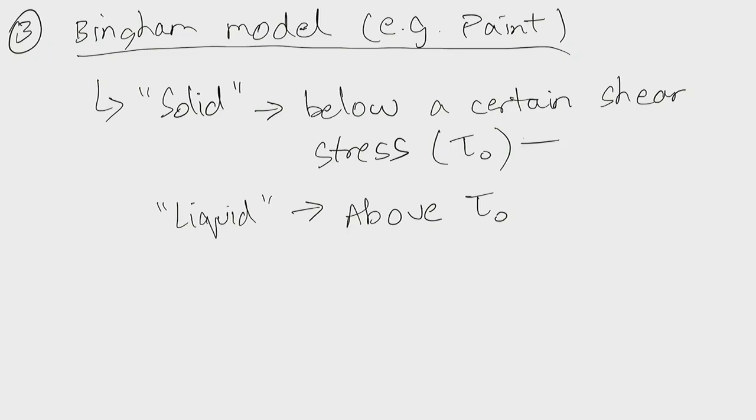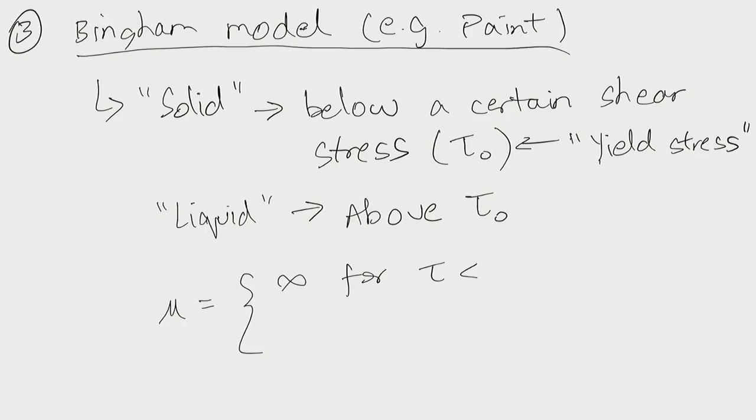So, also known as the yield stress. And so the way we can represent this mathematically is by mu equals infinity for tau less than tau naught, and mu naught plus tau naught over 2 times the rate of strain tensor for tau greater than or equal to tau naught.